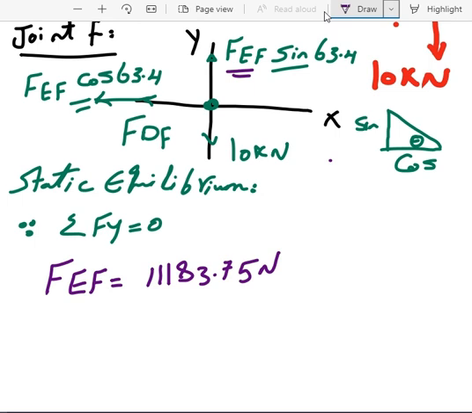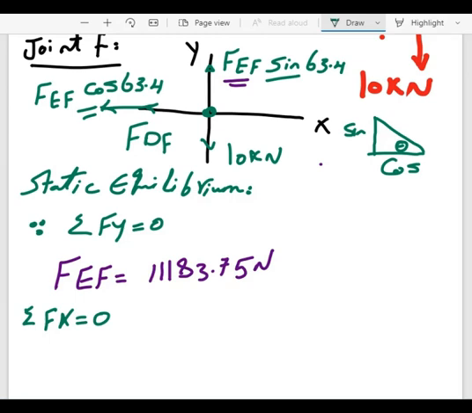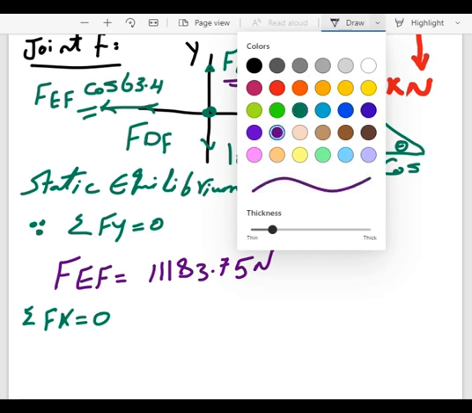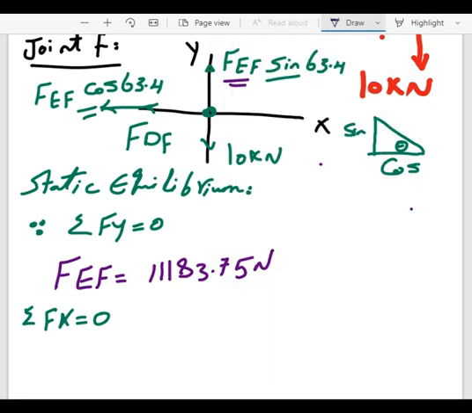Also, we will say summation of forces in the x direction. Okay, we are back again. So we were talking about summation of forces in the x direction equals 0. So here force DF plus this value equals 0.